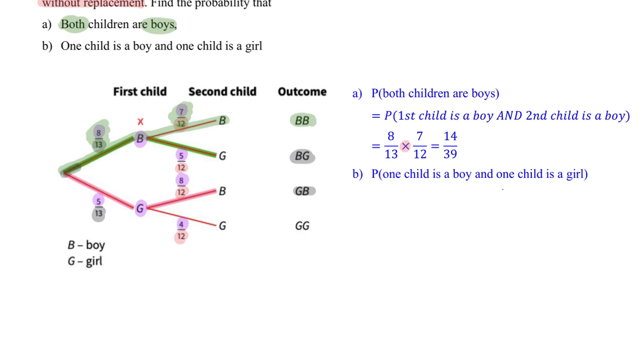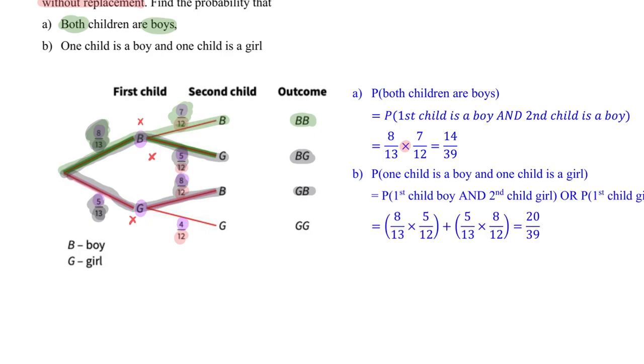So rightfully, I would then need this probability, which I'm going to multiply: 8/13 multiplied by 5/12. I also need 5/13 multiplied by 8/12. And after that, I add these two probabilities together.